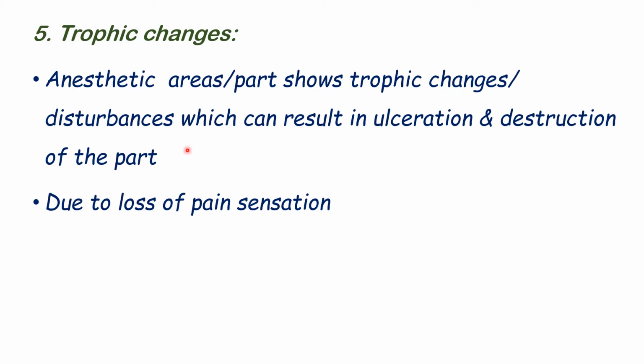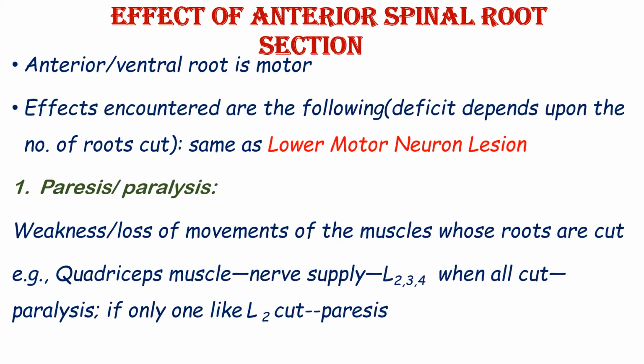This is due to loss of pain sensation. Suppose the sensations are lost, and anything breaks or injures the patient, he doesn't know. The wound starts, there is ulceration and destruction of the part, and this is one of the very important changes which we see in the posterior root section.